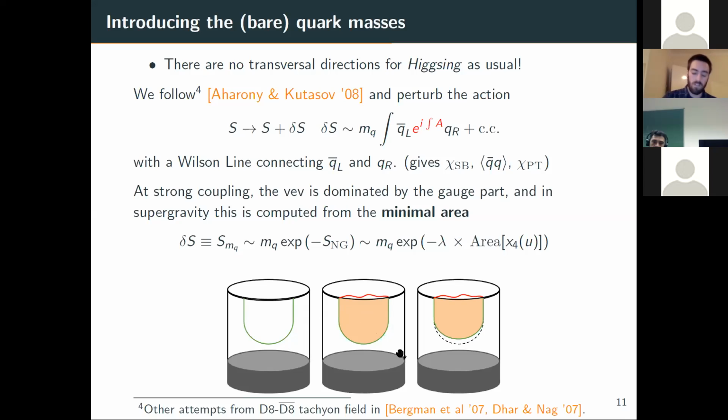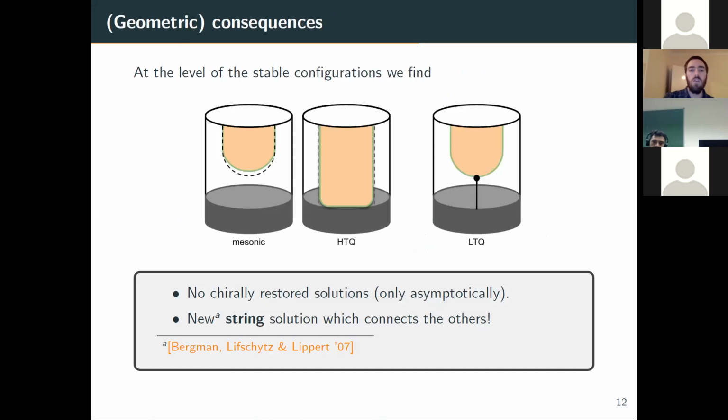And what this worldsheet instanton does is it gives an extra tension which pulls the flavor branes upwards in the holographic direction. So at the level of the mesonic solution, that's all it does. It just changes a bit the embedding, but that's it.